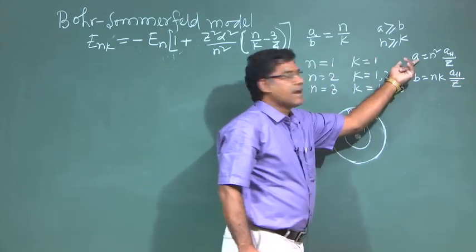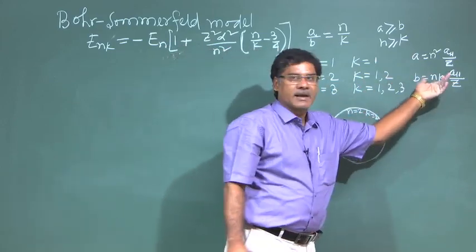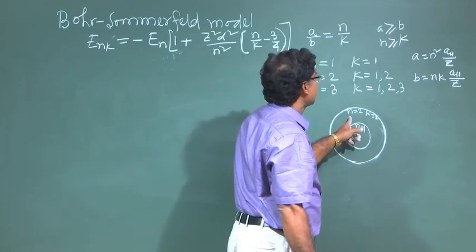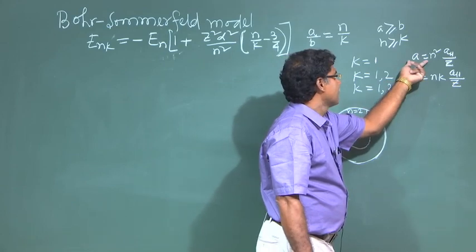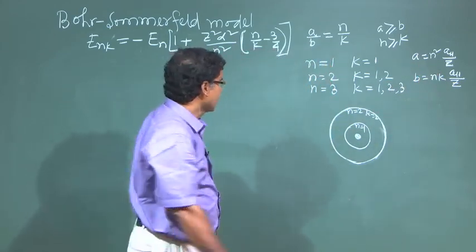So, a does not depend on k, but b depends on n and k. So, for n equal to 2, k equal to 1, a will be the same, but b will shrink, it will decrease.